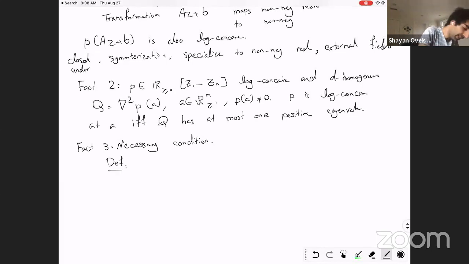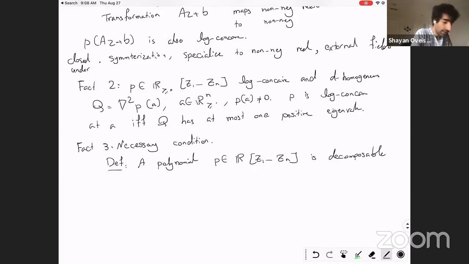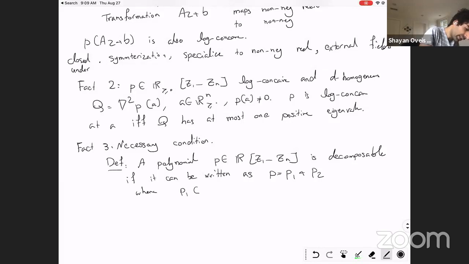We say a polynomial P is decomposable if it can be written as P equals P1 plus P2, where P1 is on variables Z1 up to Zi, and P2 is on variables Zi plus 1 up to Zn.